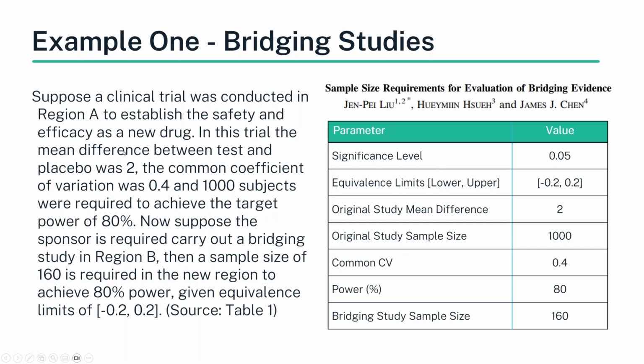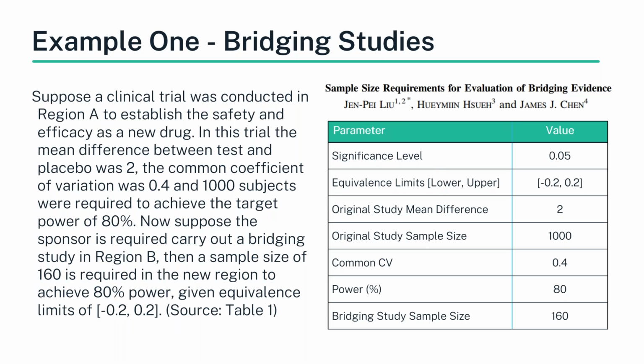So we're imagining that there was a clinical trial conducted in region A to establish the safety and efficacy of the new drug, and the mean difference was 2 and the common coefficient of variation was 0.4, and then a sample size of 1,000 was needed to meet the target power of 80%.